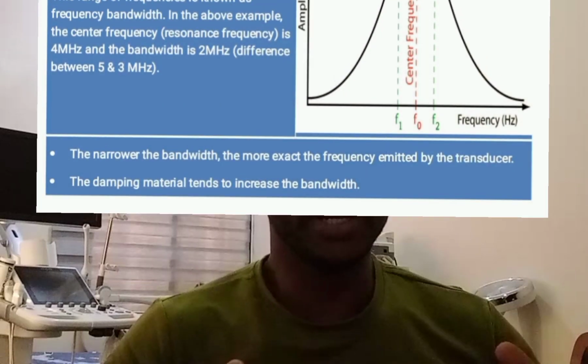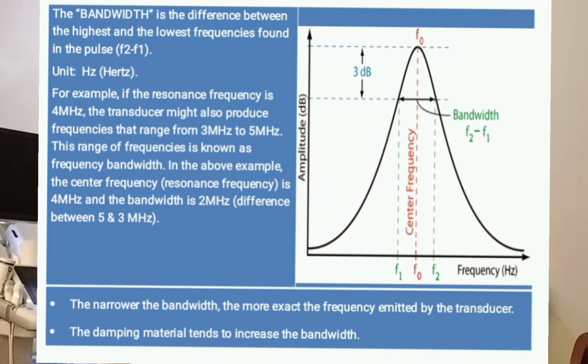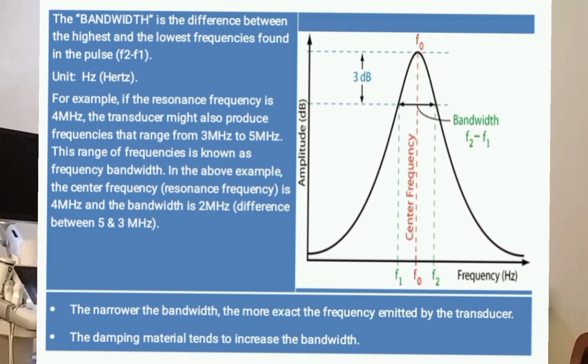This range of frequency is also known as frequency bandwidth. In this image, you look at what we call frequency bandwidth, and it's the difference between the highest and the lowest. Bandwidth is actually the difference between the highest and the lowest frequency found in a pulse.